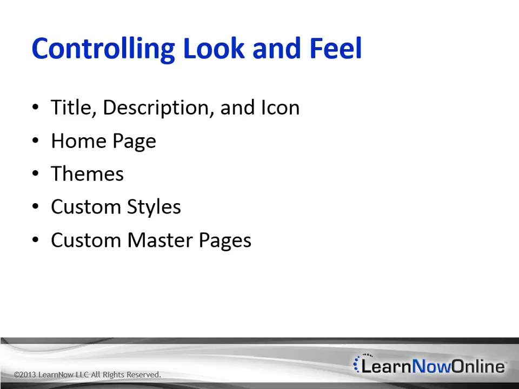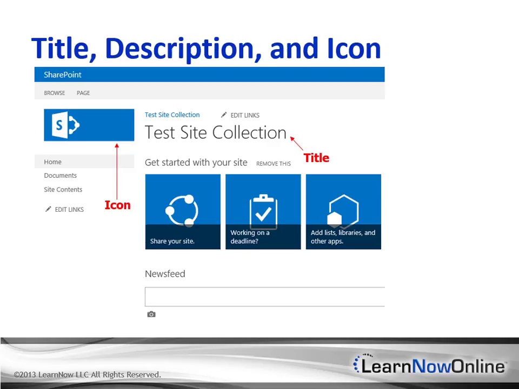And your custom master page maybe has a different custom navigation system or something like that. It's more about arranging things on a page as opposed to just the look and feel, the styling of it. But the master page is where you would put in the references to your style sheets.